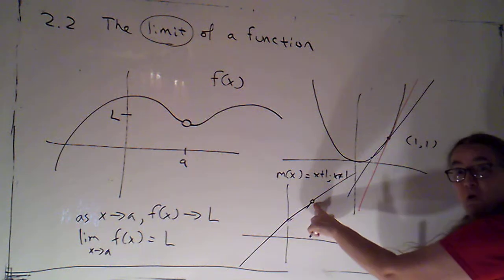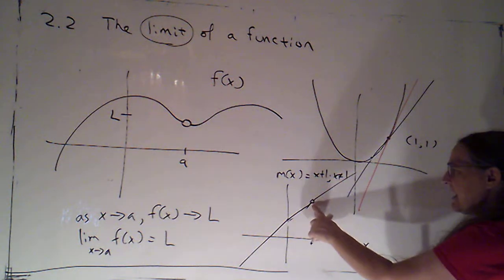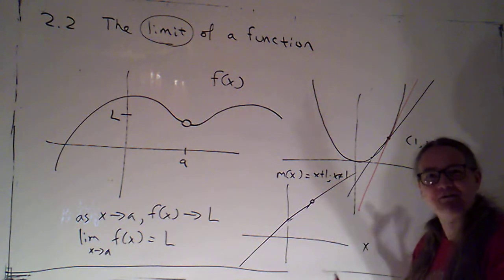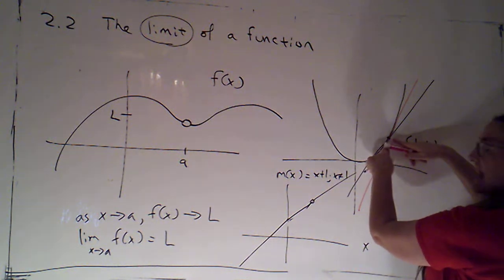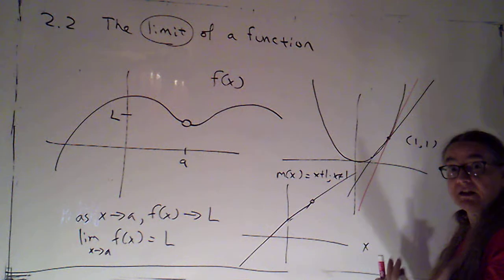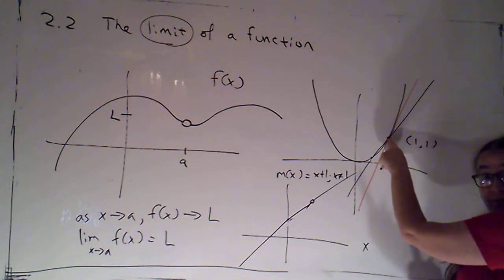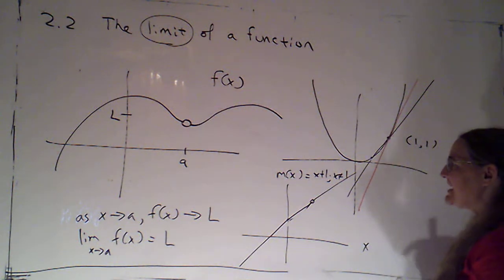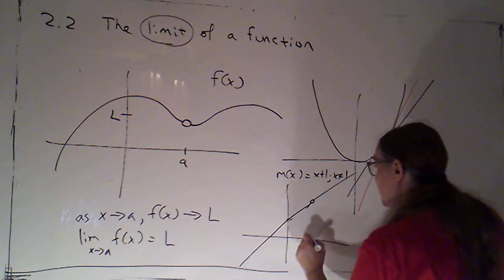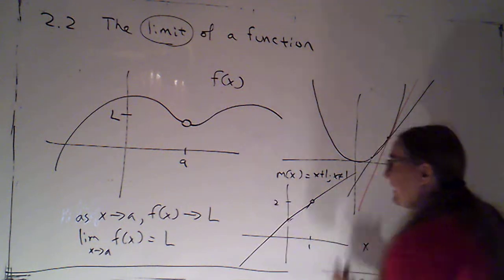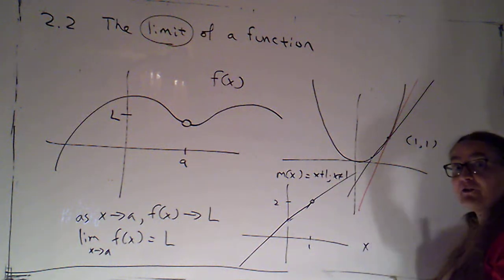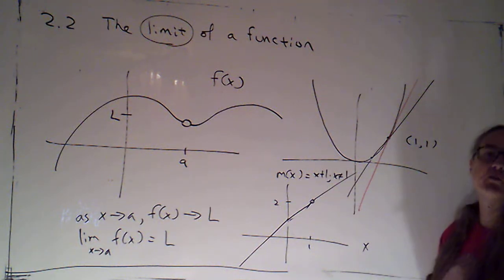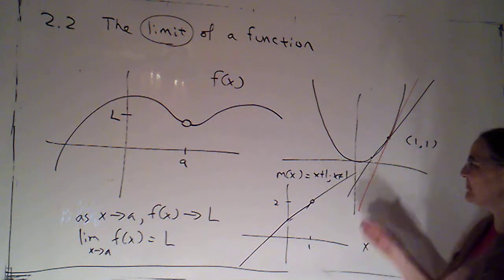So that put a hole in the graph. But that hole had a really significant meaning, because that told us that as the x value of this second point got really, really close to the x value of our first point, the slopes of the secant lines got really, really close to, it turned out, 2. And that number, that y value of the hole, was the slope of the tangent line.